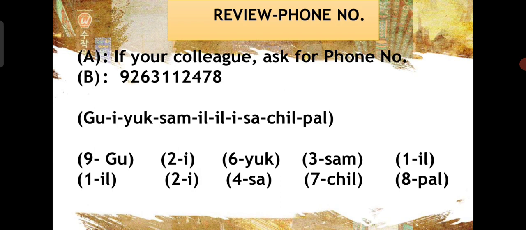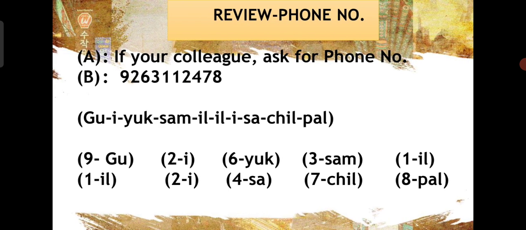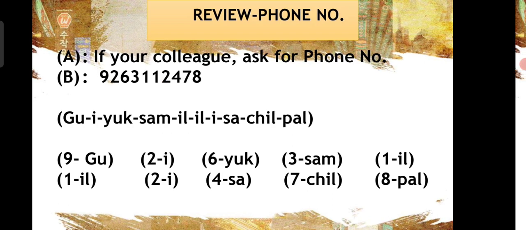So what is your phone number? Gu i yuk sam il i sa chil pal. Got my point? So repeat after me. What is your phone number? Gu i yuk sam il i sa chil pal. Got it? So here is all the Sino Korean material about phone numbers.